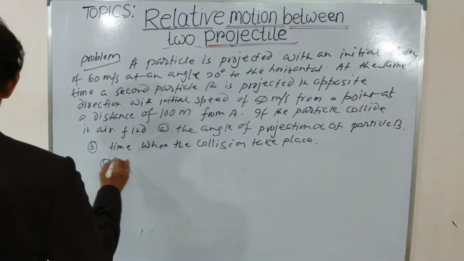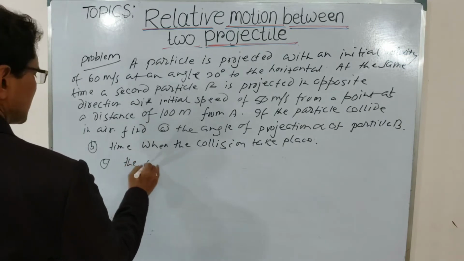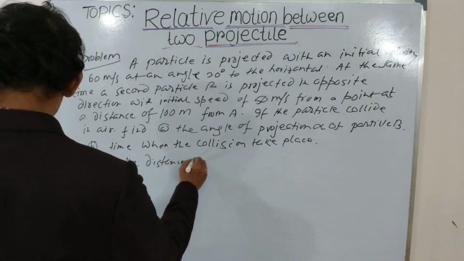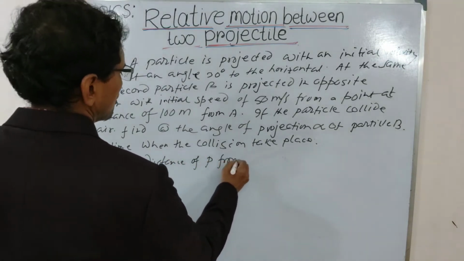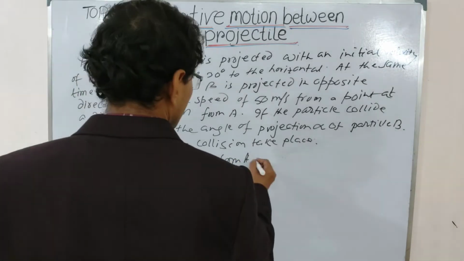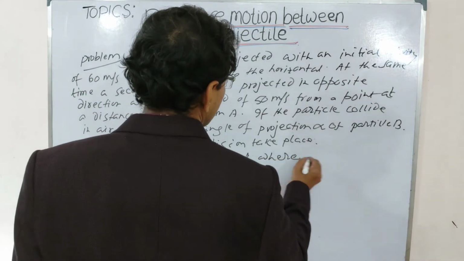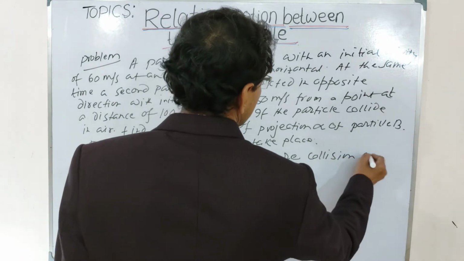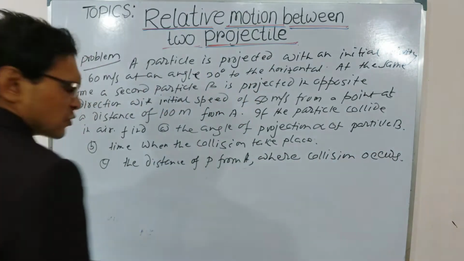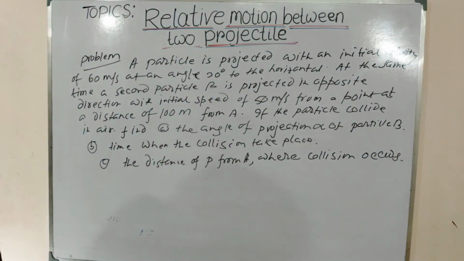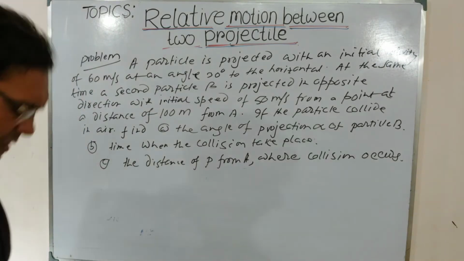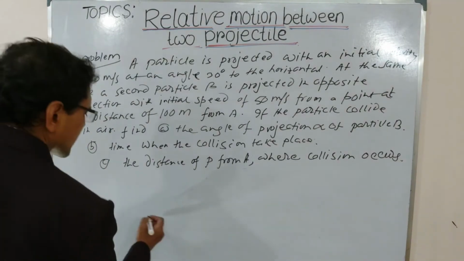And the question is the distance of P from A, where the collision occurs. This is the question. Now the diagram is this.